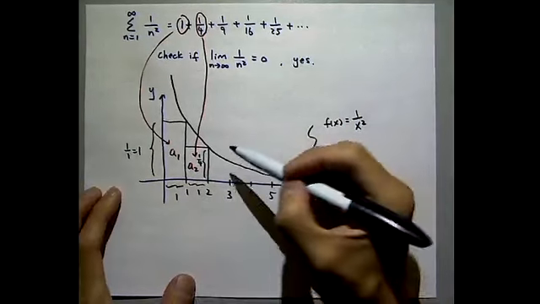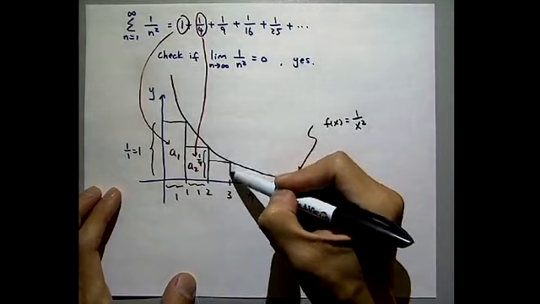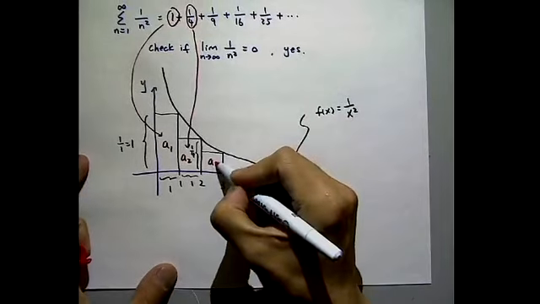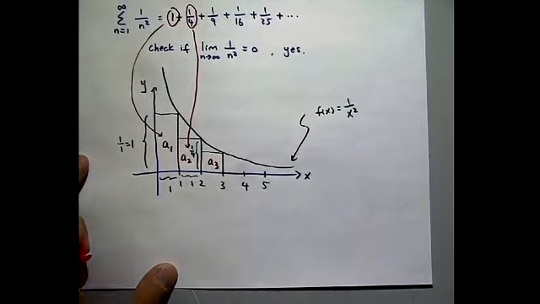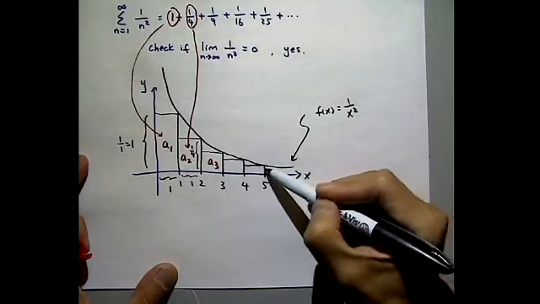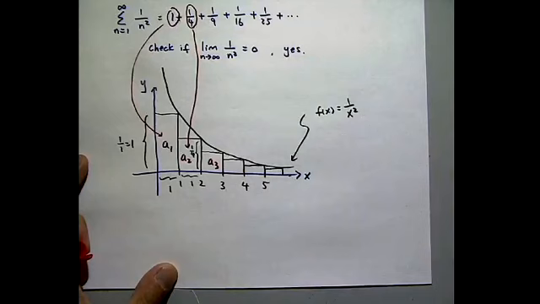And then this pattern continues. This right here is 1 over 9, right? And then so on and so on. This is 1 over 4, 1 over 5, and of course, that continues.